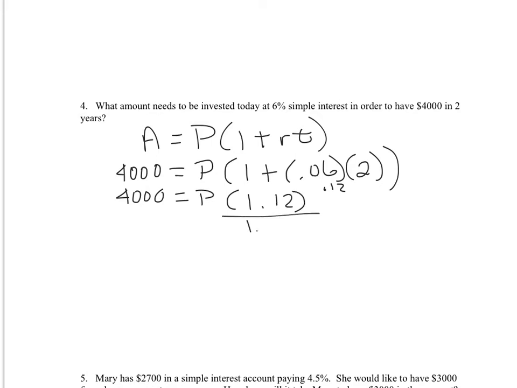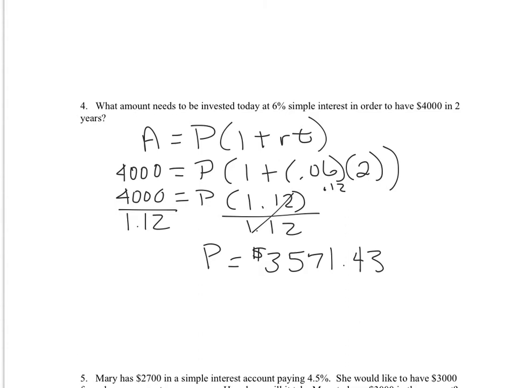Now I can divide each side by 1.12, and that is what needs to go into my calculator. So if I take 4,000 and I divide it by 1.12, then I'm going to have $3,571 rounded to the nearest cent becomes 43 cents.